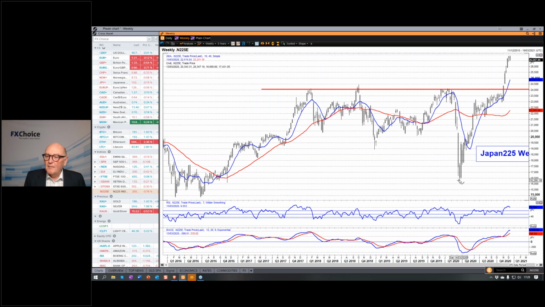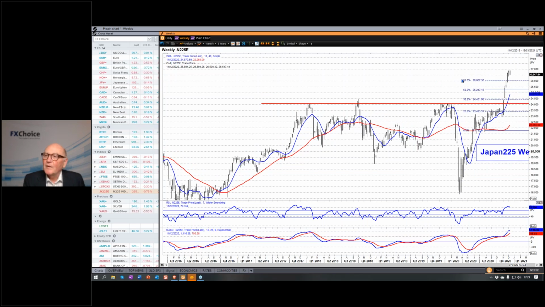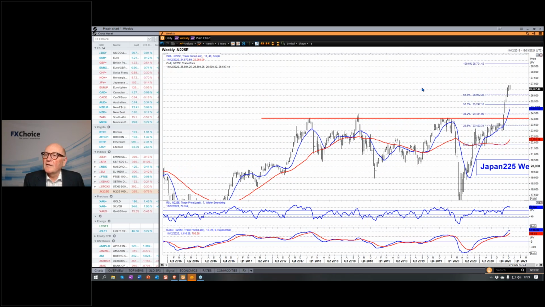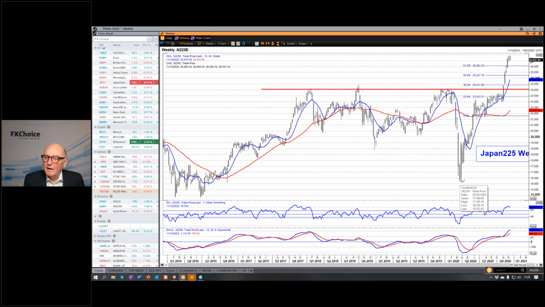You know, impulse move to here, pullback, very weak pullback, very powerful move, very weak pullback, and we're on our way now. And this gives us 28,700, on the basis of this very weak pullback against that powerful impulse move out of the lows back in March there.